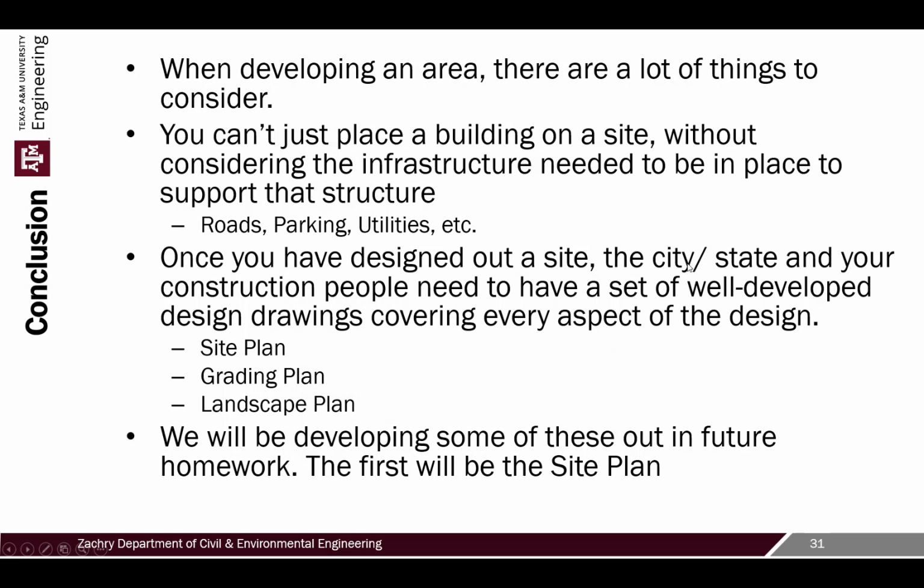So in conclusion, when developing an area, there are a lot of things to consider. You can't just place a building on a site without considering the infrastructure needed to be in place to support that structure. And that can be roads, parking, utilities, all sorts of things. Once you have designed a site, the city and state, construction people and all that, they need to have a set of well-developed design drawings covering every aspect of the design.